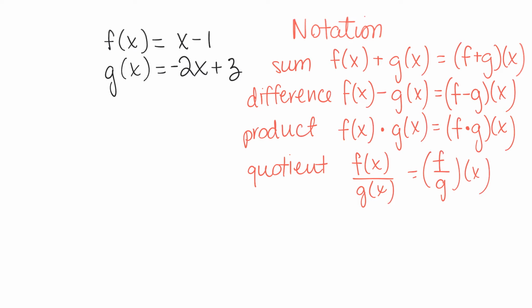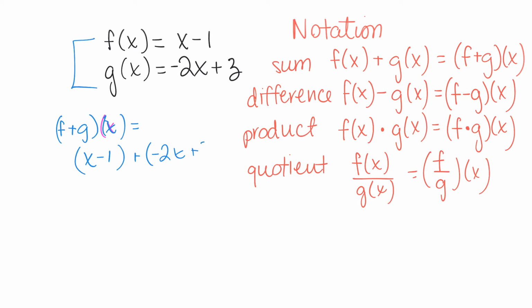So let's say over here we wanted to find the sum of these two. So to find the sum of f plus g of x, we would really simply say x minus 1, plus negative 2x plus 3.